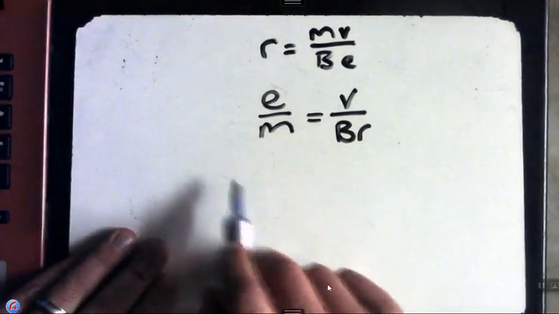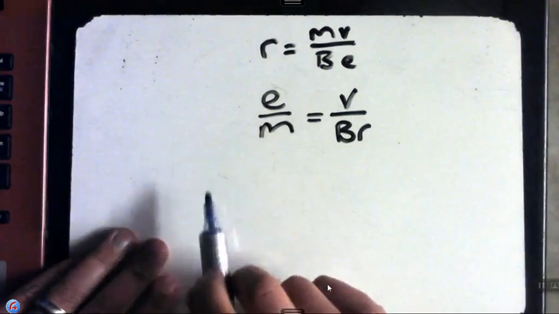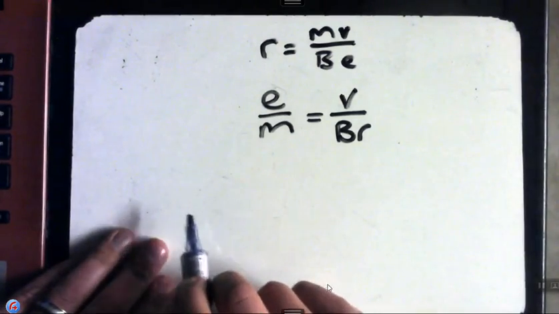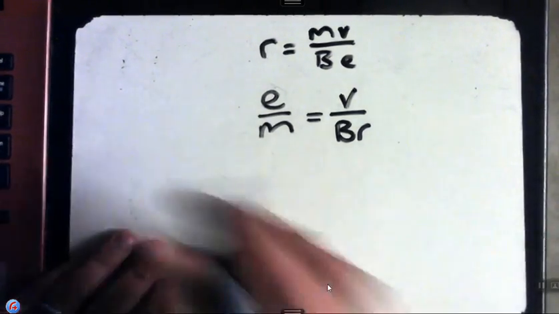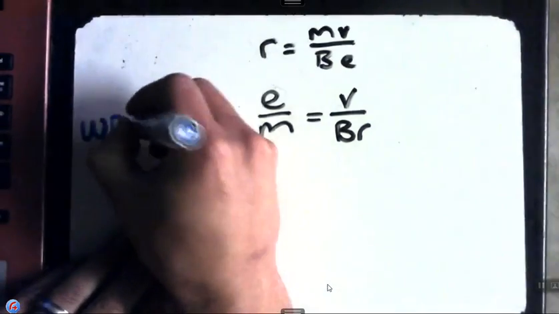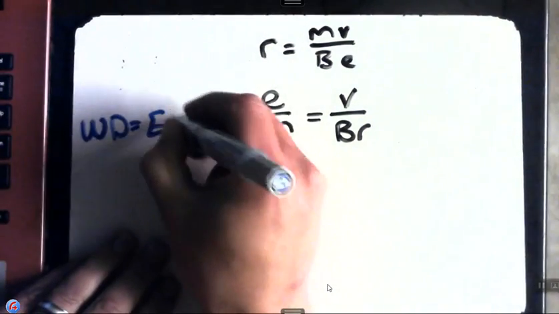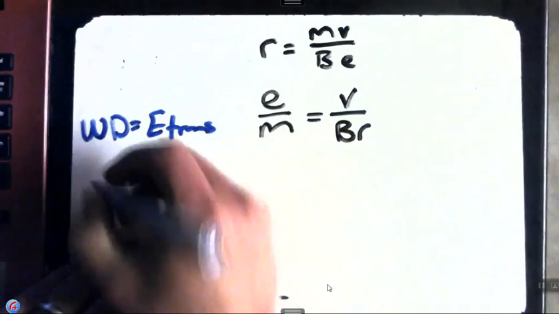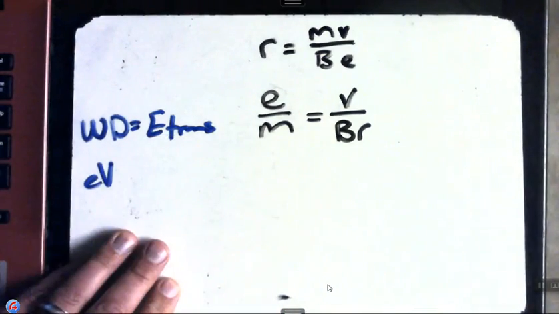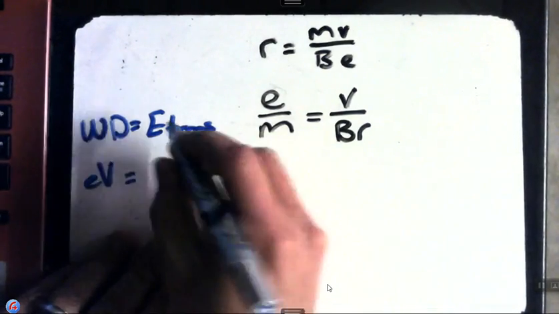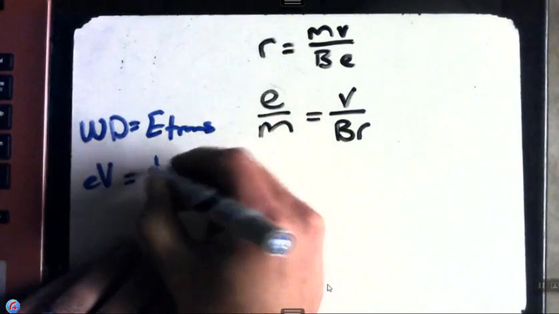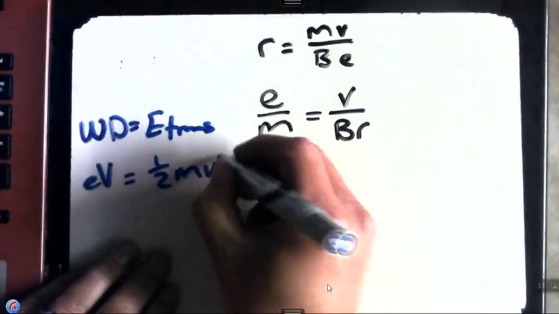So we know that the electron gun is doing work on the electron to make it accelerate. So we know that the work done is equal to the energy transferred. The work done is measured in electron volts, eV, and the energy transferred is kinetic energy, half mv squared.